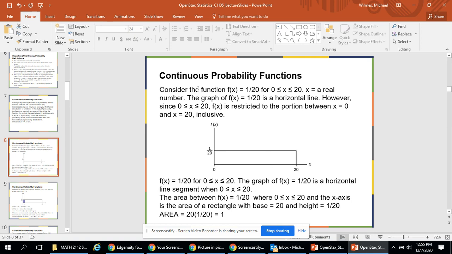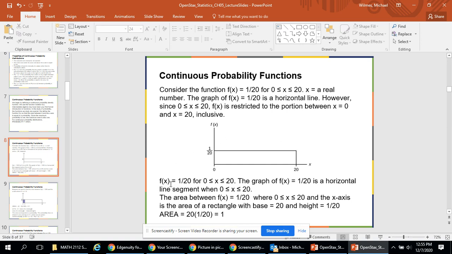So it's a continuous probability function. If it was rolling a 20-sided die, there'd be 20 little dots up top, and there wouldn't be all the decimals in between.